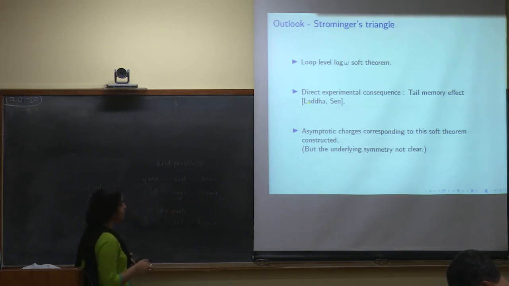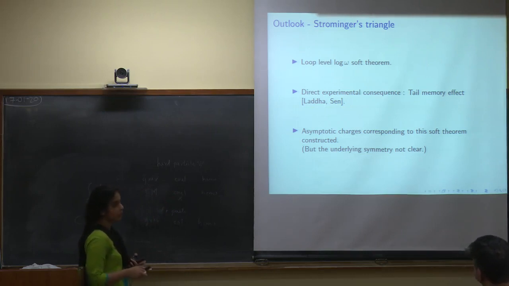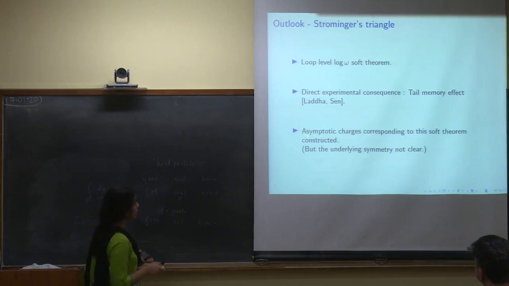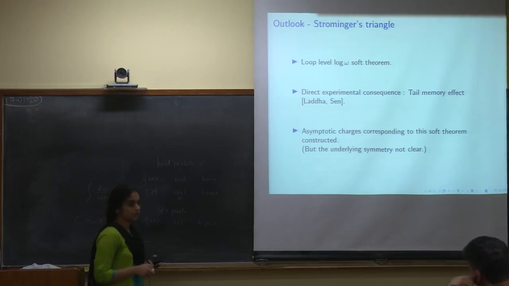This has been discussed by Laddha and Sen. So the other corner of Strominger's triangle, they have given a prediction for a tail memory effect, which is the correction to the usual memory effect. And the third side is that we have some asymptotic charges corresponding to this soft theorem, but the underlying symmetry is not clear.